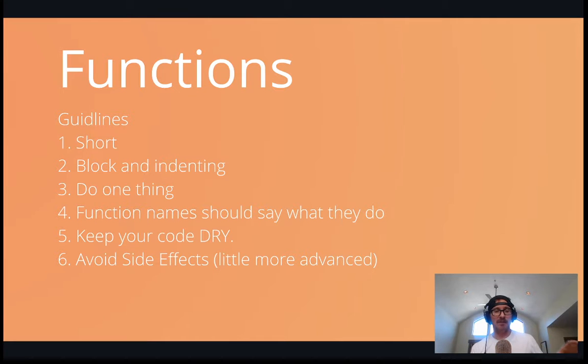So if you find yourself copying and pasting code in your app, that's probably a good sign you should throw that code into a function and then call the function multiple times. Keeping your code DRY is going to help you maintain your code. It's going to help you debug your code, and it's going to make your code once again more readable and comprehensible. And this last one, avoid side effects. I just want to throw this one in here. I'm not going to get into it in this lecture, but that's a general good guideline of writing a function.